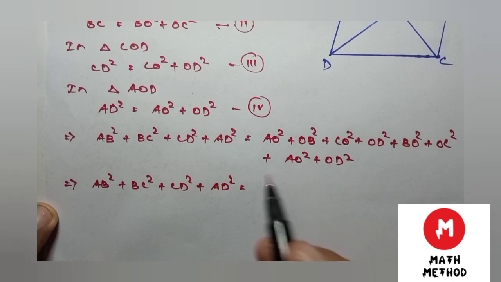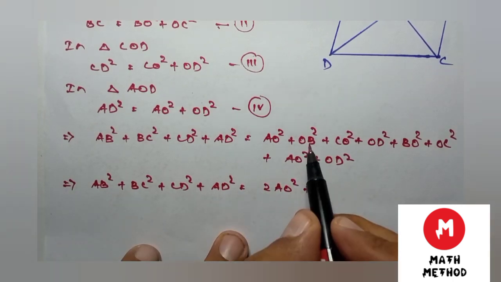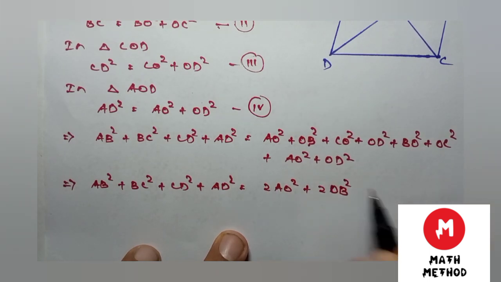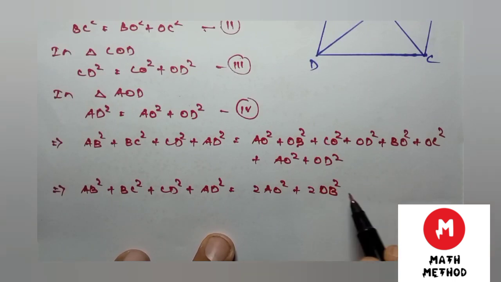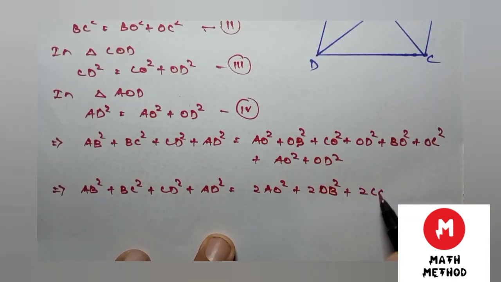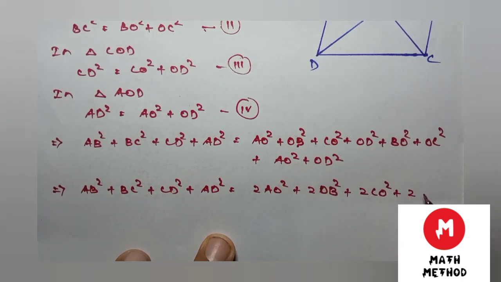Here AO square is added with AO square, which is 2AO square, similarly OB square with OB square is 2OB square, plus 2CO square, plus 2DO square.